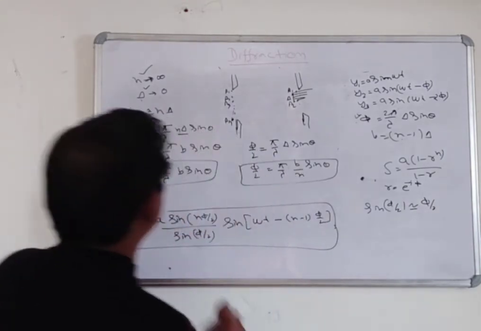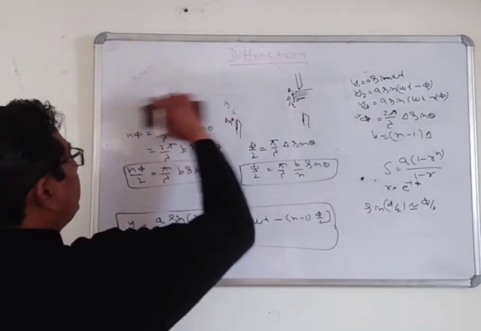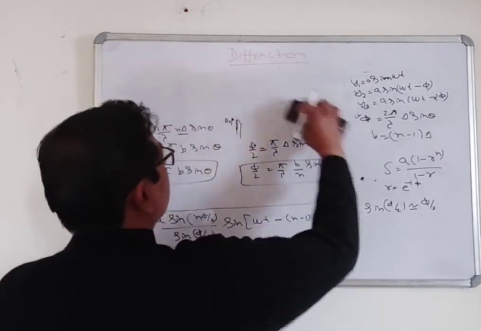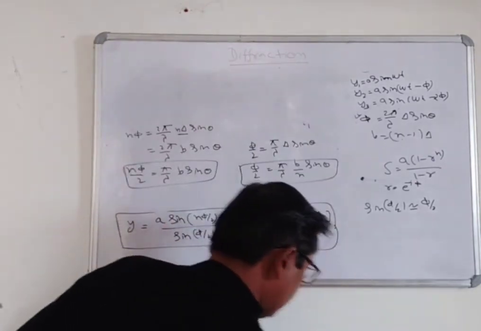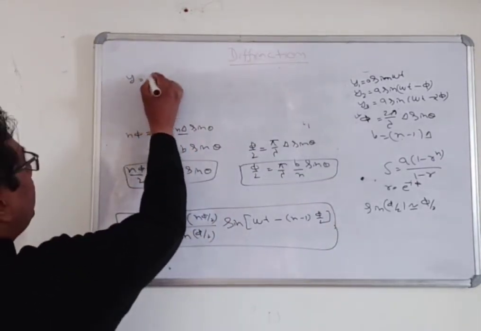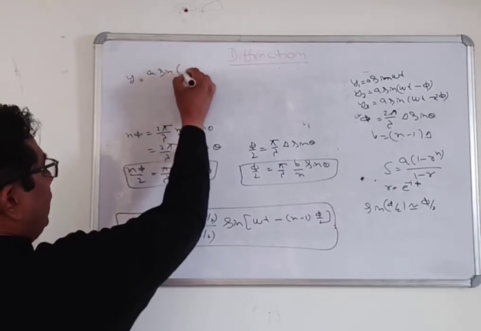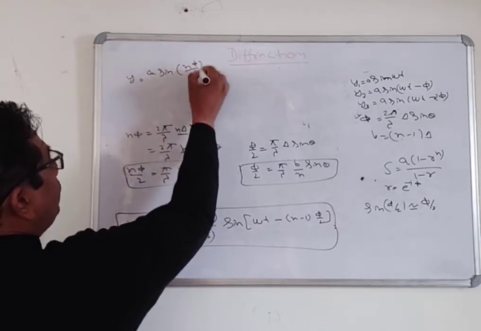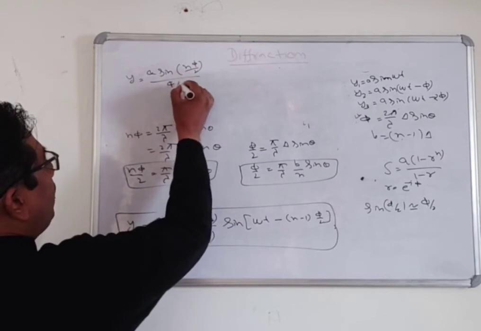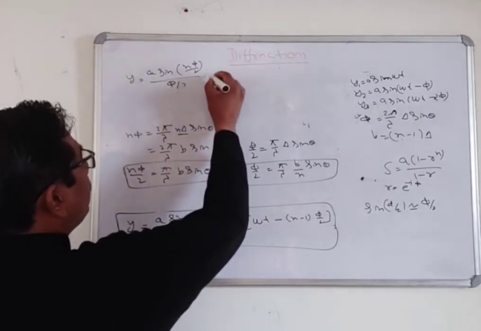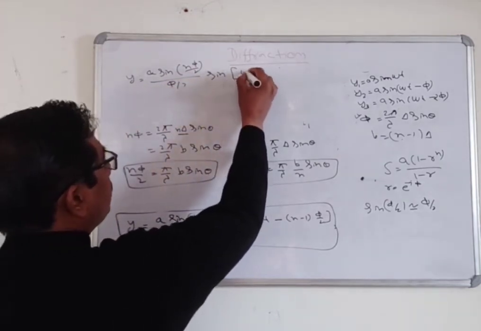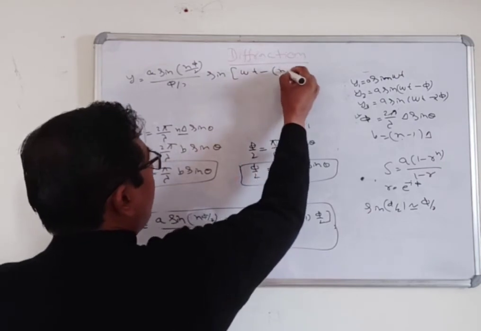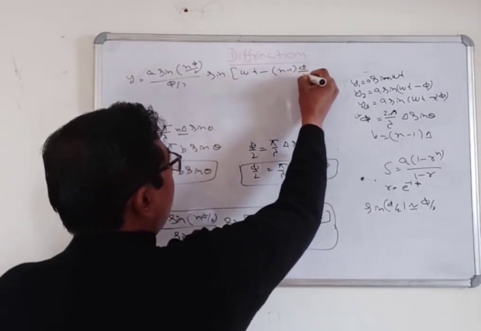It means that we have written the resultant wave y as a sine n phi by 2 divided by phi by 2, times sine of omega t minus (n minus 1) phi by 2.